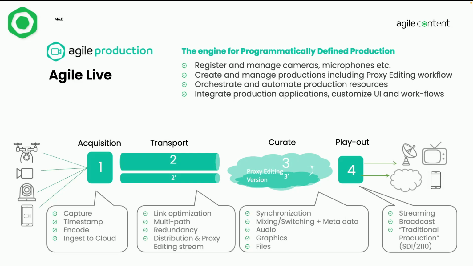And then you have the mixing and switching application. There's an audio mixing application, and there's a graphics application, all running in the cloud and on the GPUs without moving the pixels or the audio out of the GPU.